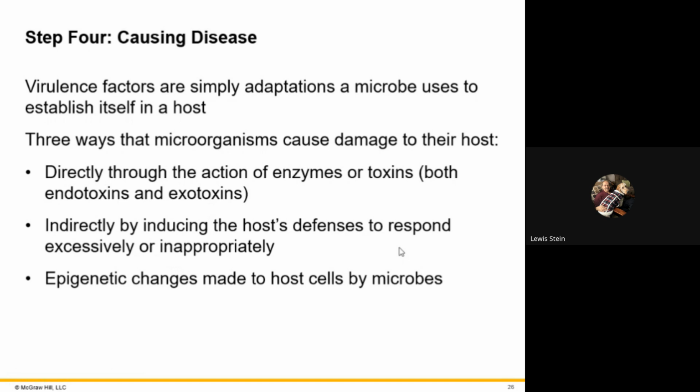You're talking about rheumatic fever. Very significant, potentially deadly complications. And they're mediated by your immune system. So direct is typically by toxins or direct damage from enzymes. And indirect is by your defenses, read that as immune system.